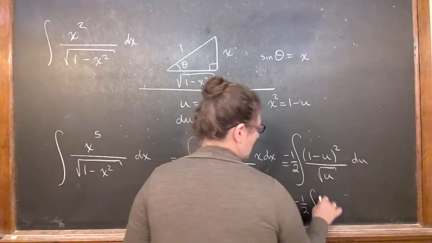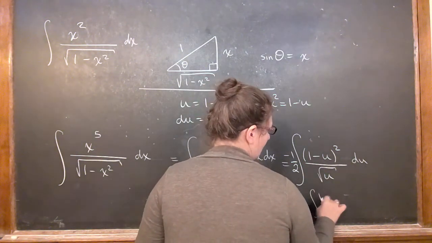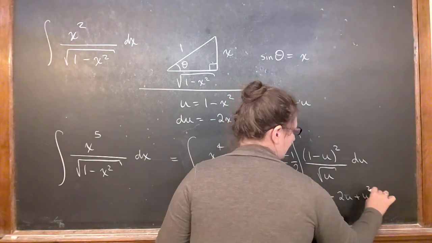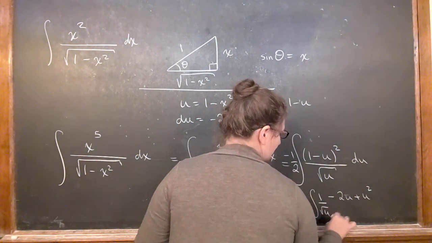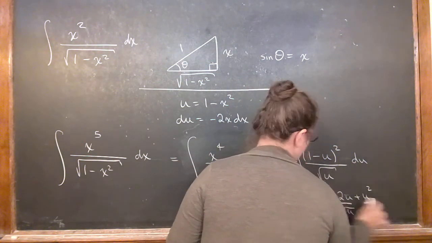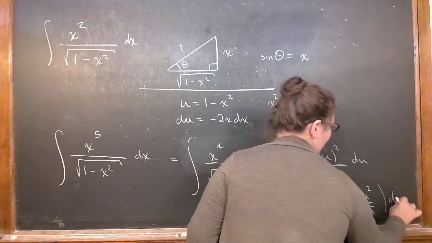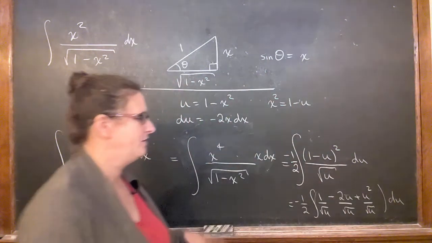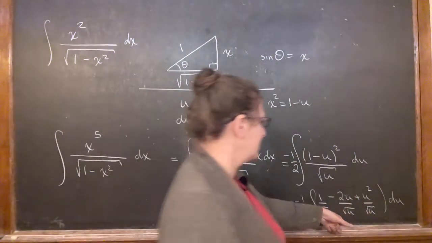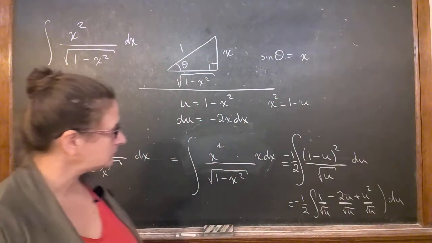I work out this top, right? It's 1 minus 2u plus u squared, and each of these is over the square root of u. So these are all kind of straightforward, u to the 3/2, u to the 1/2, whatever, right? So these now are easy power rules.